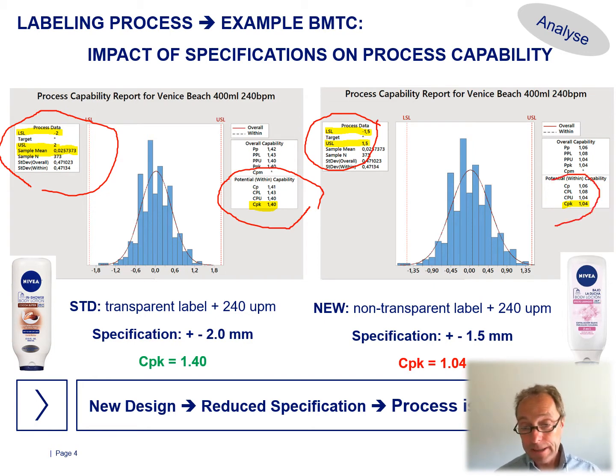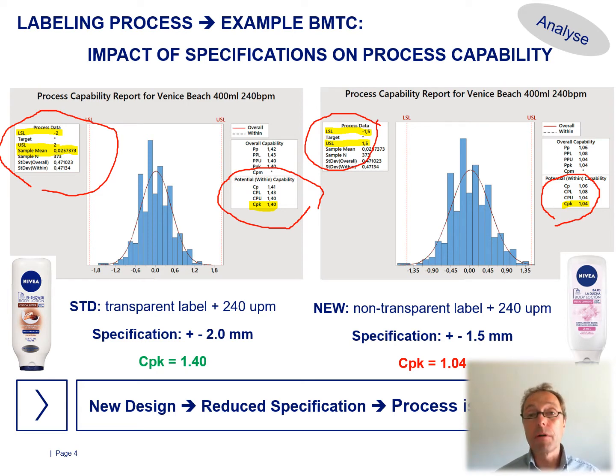The mean and standard deviation are of course the same, but our process capability, the CP and CPK, goes down. It's clear because the tolerance field is now smaller, and we now have a CPK of 1.04.